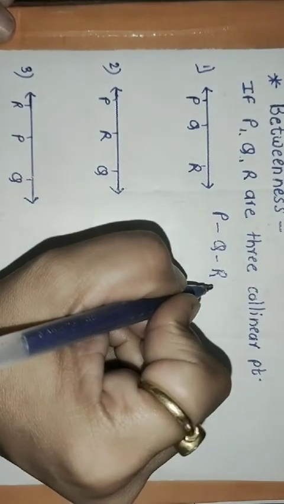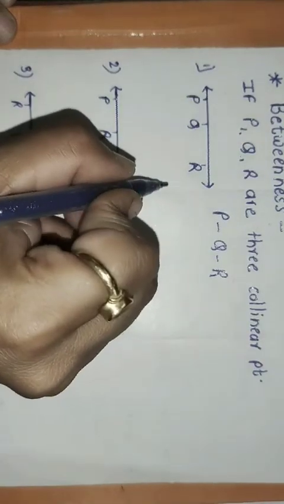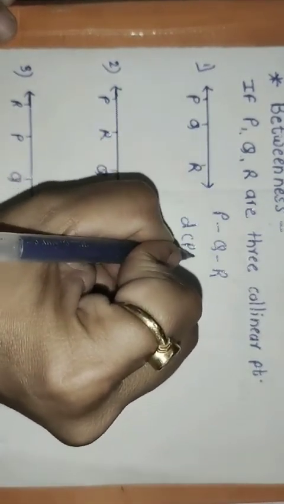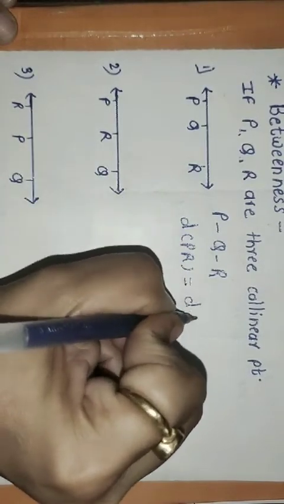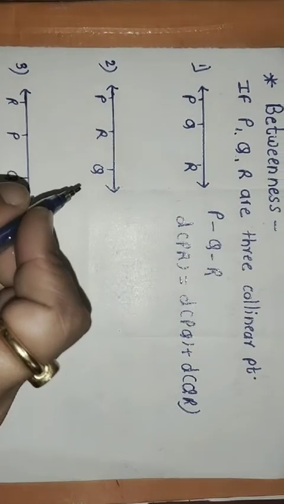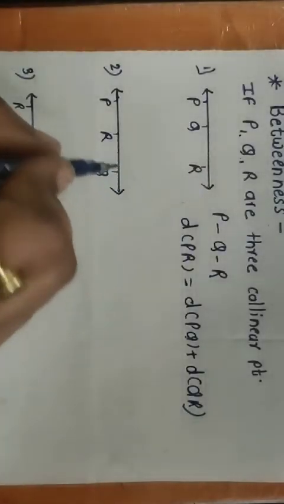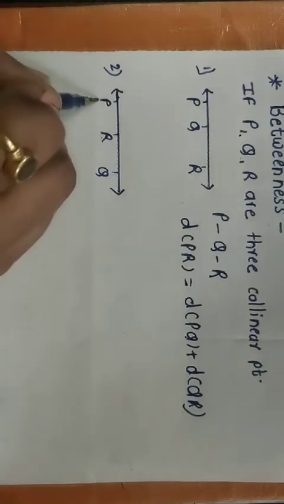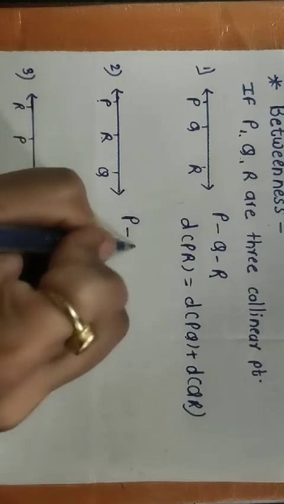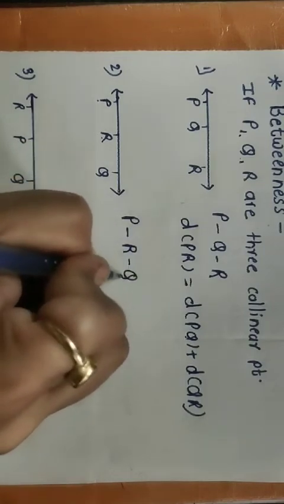And we can show this: distance PR is equal to distance PQ plus distance QR. Next one is R is between P and Q. So we write it P-R-Q.